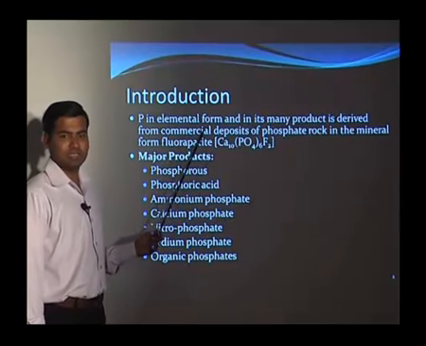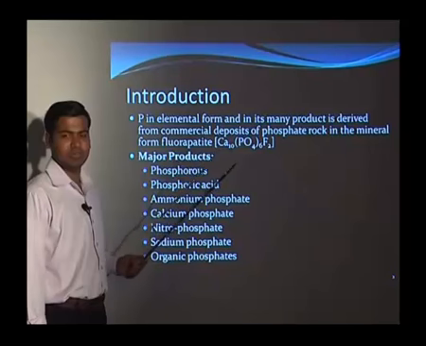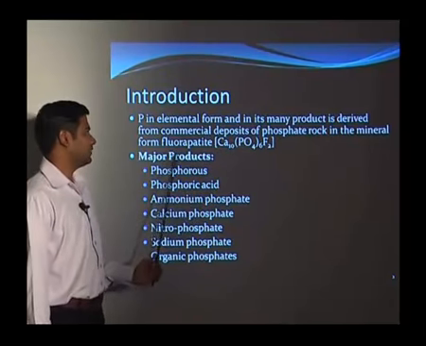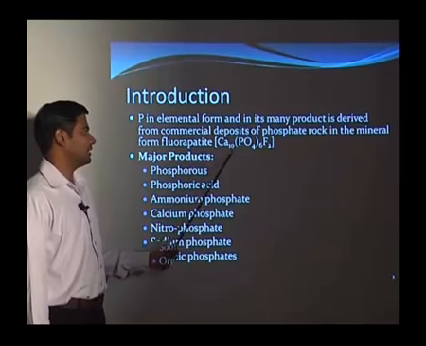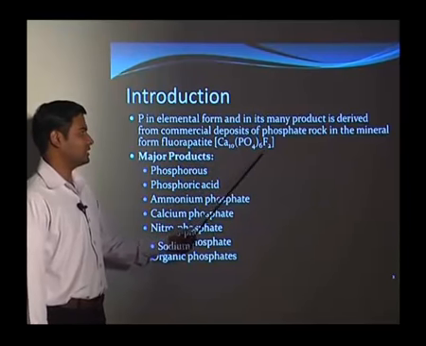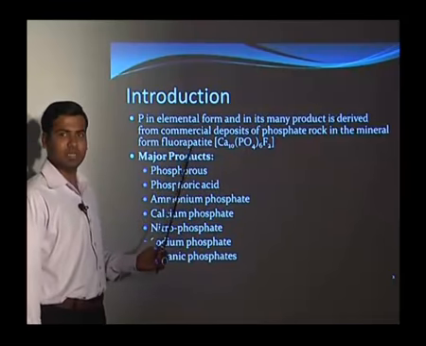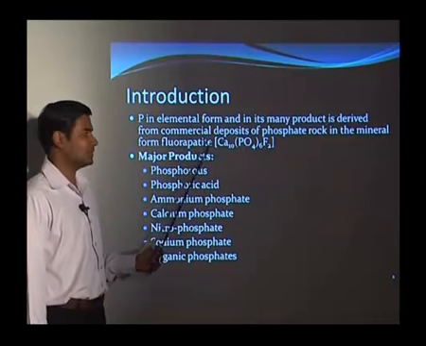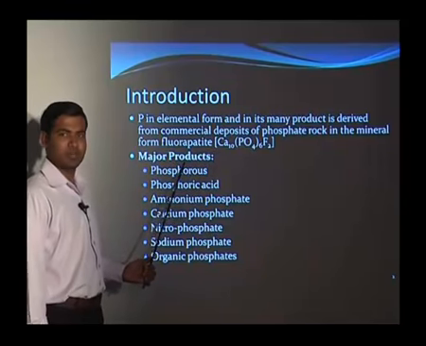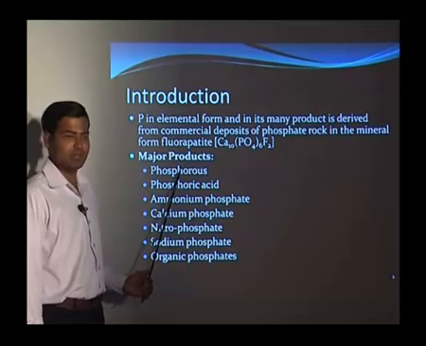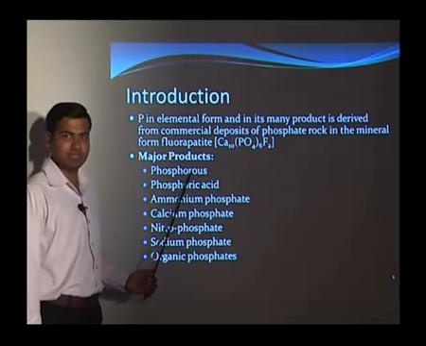Phosphorus in the elemental form and its many products is derived from commercial deposits of phosphate rock, the mineral fluorapatite, that is Ca10(PO4)6F2. This is the ore from which we obtain phosphorus and other phosphorus chemicals. The major products of the phosphate industries are phosphorus itself in the elemental form, the red phosphorus and the yellow phosphorus.